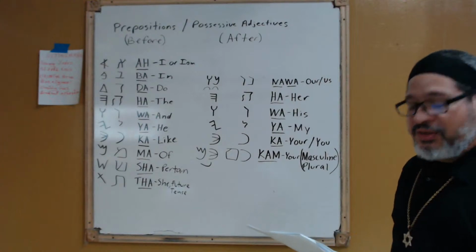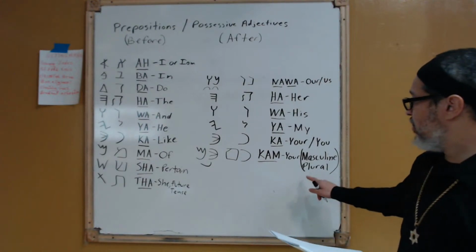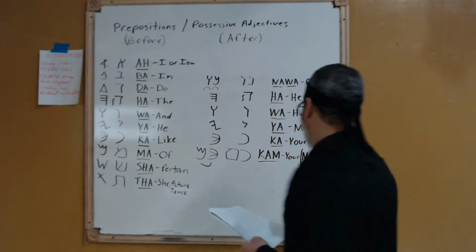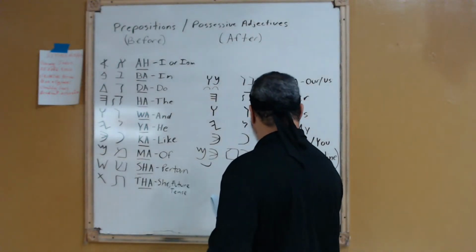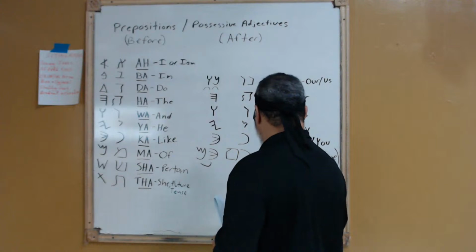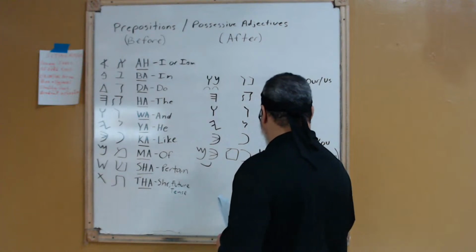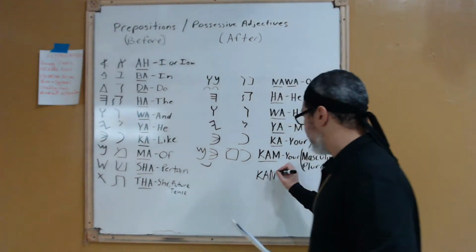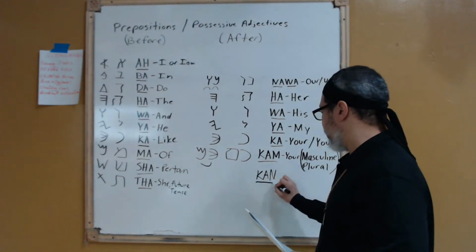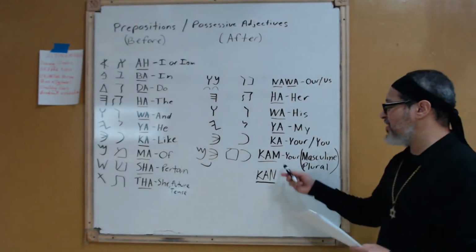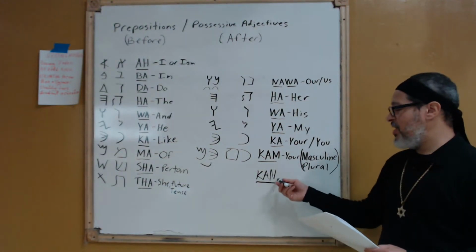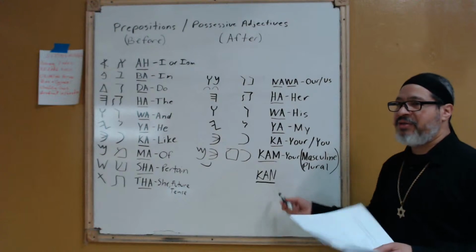Next, we have the feminine of "your", and it will be "kan", K-A-N. Now, as we learn Hebrew, a lot of times you'll see words where the M ending is masculine and the N is feminine.